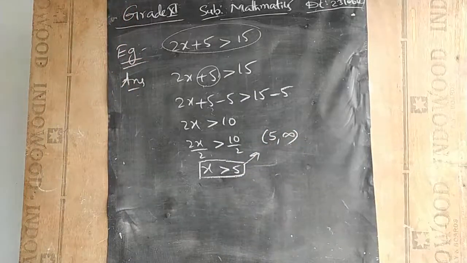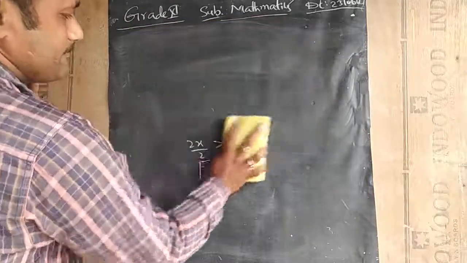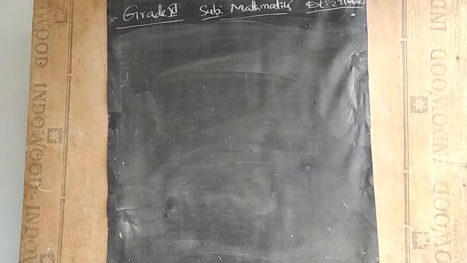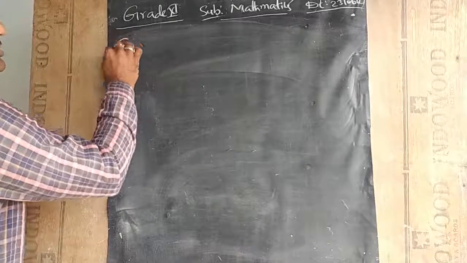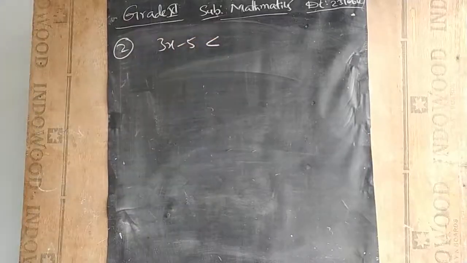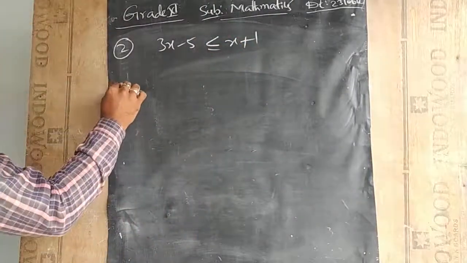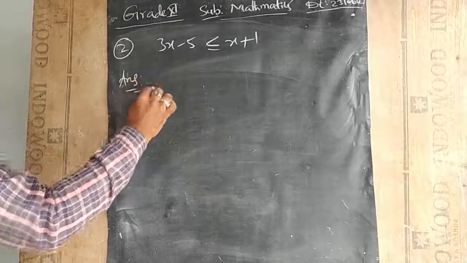Let us take another question. Second question: 3x - 5 is less than or equal to x + 1.